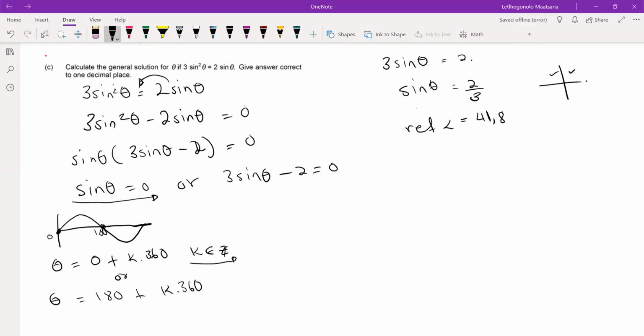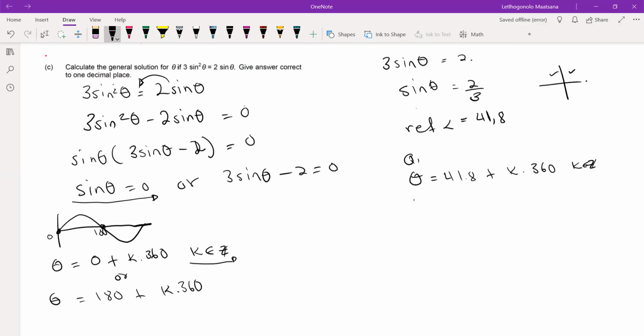So for the first quadrant, we'll just say that theta is equal to the angle plus k times 360, where k is an element of integers.